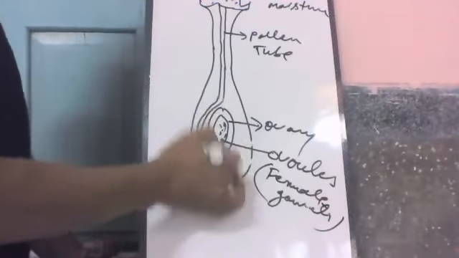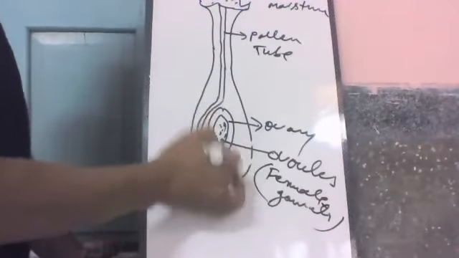Fertilization is the fusion of the male cell with the female cell to produce a zygote. The ovule containing the fertilized cell develops into a seed.